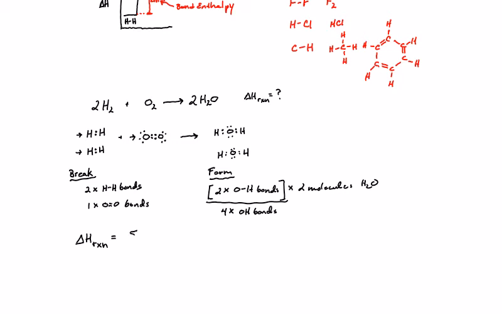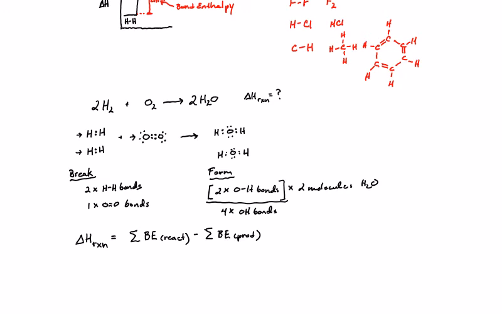So the enthalpy of the reaction is going to be equal to the sum of all the bond energies of the reactants minus the sum of all the bond energies of the products. Again, the main reason for this has to do with the sign of the answer, whether it's positive or negative.